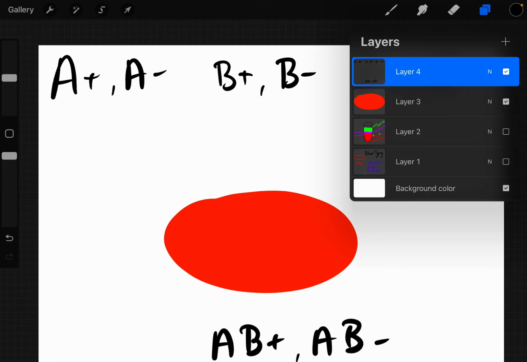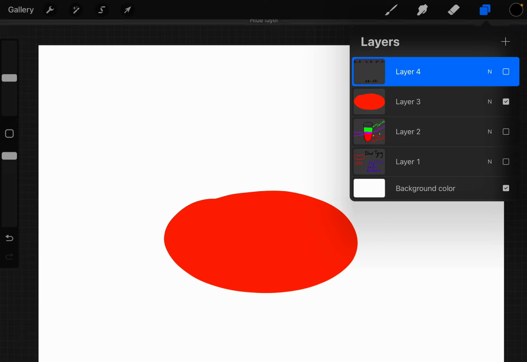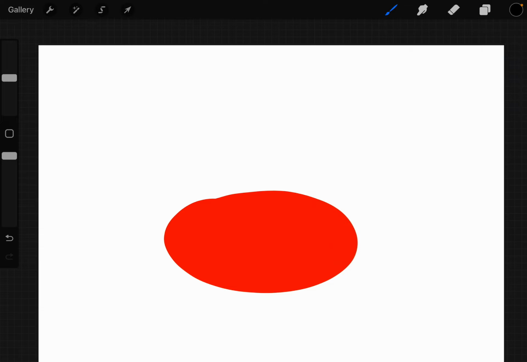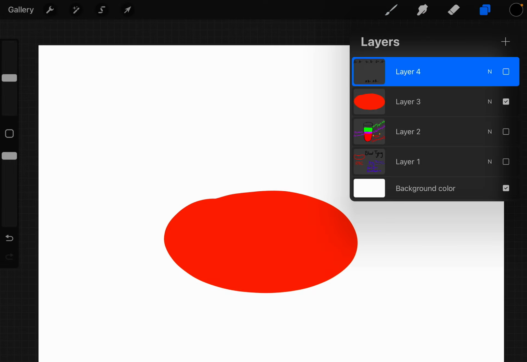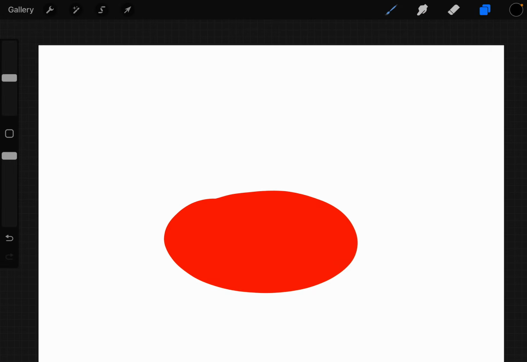The way we're going to show this is we're going to draw out flags. For example, let's focus on blood type A positive. When you look at a red blood cell, there are proteins on the surface. The way we're going to show it is by drawing flags.